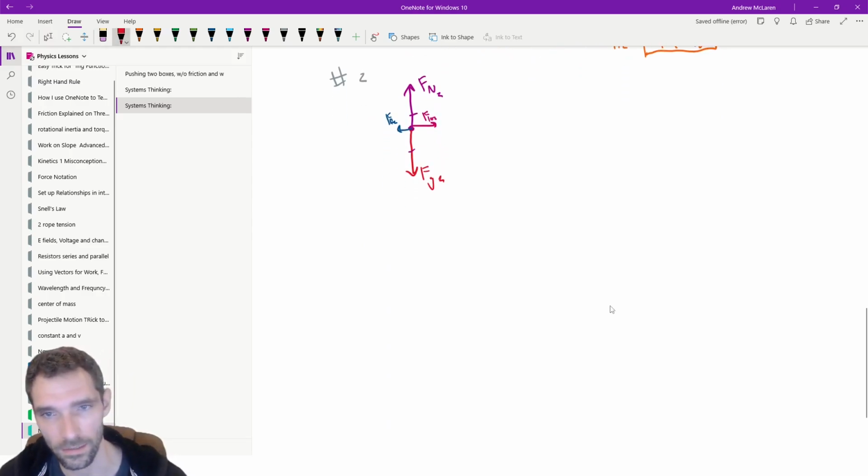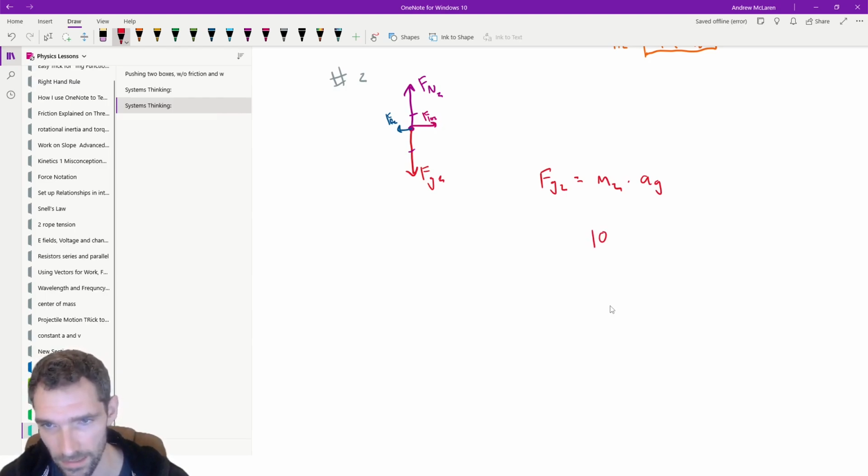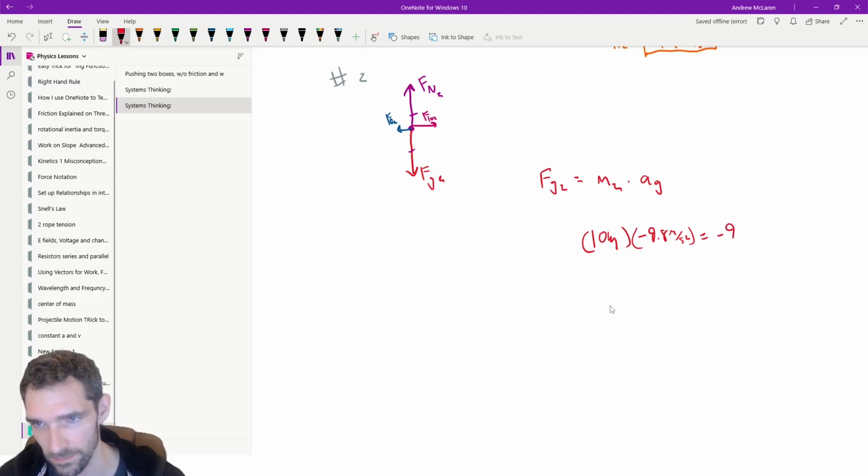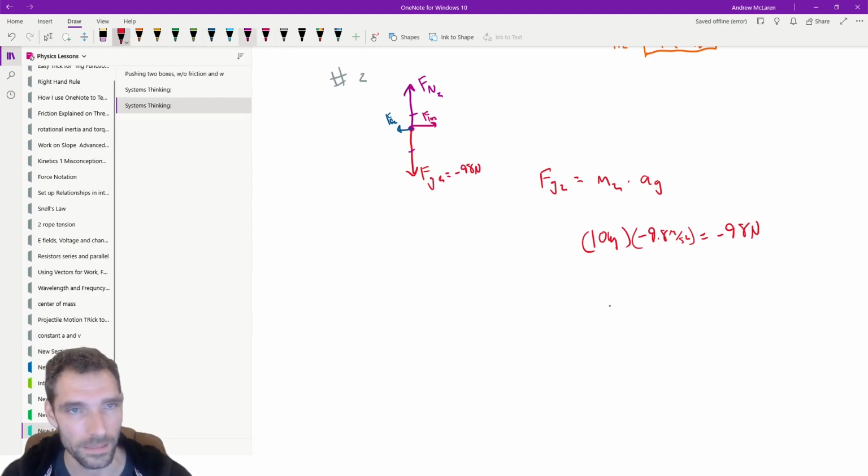So if we look at the force of gravity on object 2, it's the mass of object 2 times the acceleration of gravity. So object 2 was 10 kilograms, and the acceleration of gravity is 9.8 meters per second squared. So we put those together, we get negative 98 newtons for this number, meaning the force normal that's countering that to prevent this object from falling through the table is going to be a positive 98 newtons.